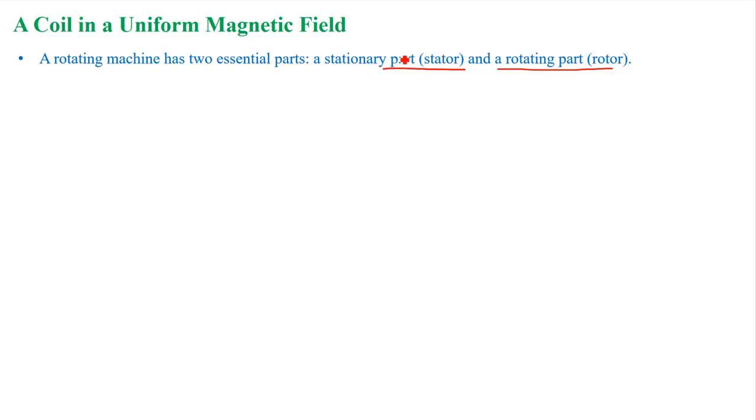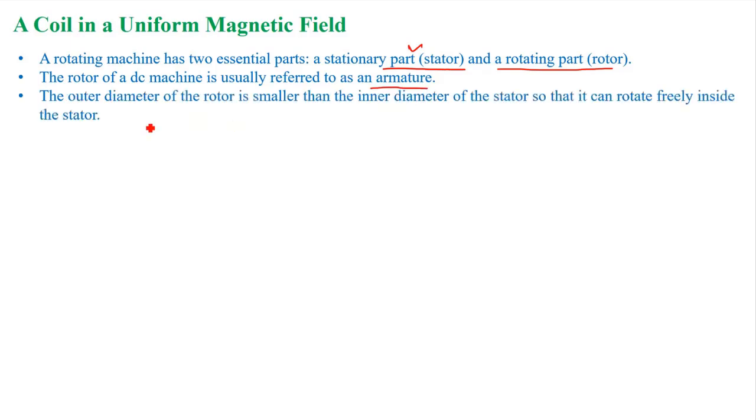So there is a stationary part, and we don't know in which part which thing is there, whether the coils are in the stator or the rotor. There are different structures for different machines, right? Now the rotor of a DC machine is usually referred to as an armature. Why it is called armature, we'll talk about in the near future in this class also.